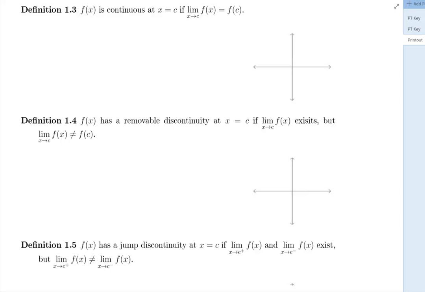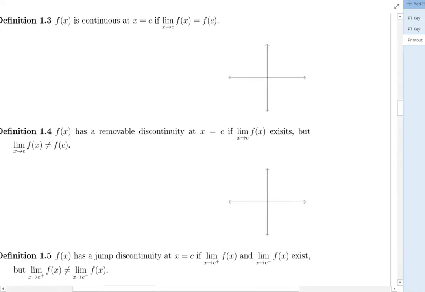What I explained to you in pre-calc is I said, always do the three-step check, because if you know these three things, you always know the continuity or the type of discontinuity of the function at a point. So what I would say is find f of c, find the limit as x goes to c plus, and find the limit as x goes to c minus.